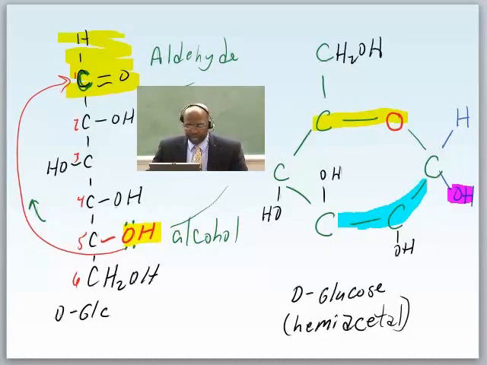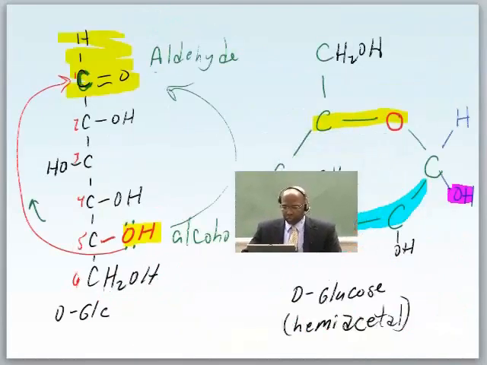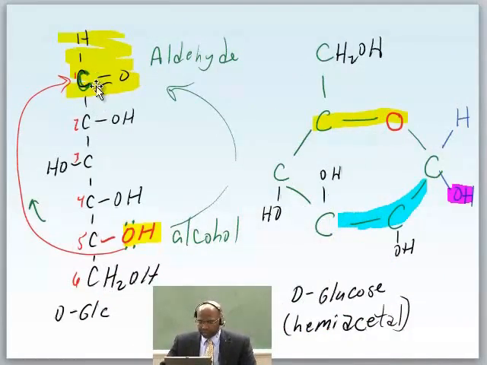So I'm going to go back a slide here, and we're going to look at this in another way. If you have an alcohol, an OH can attack the carbonyl of an aldehyde to become a hemiacetal. And on the hemiacetal, you have an OR, an R, and an OH. Now if we go to glucose, there's the OH of our alcohol, our aldehyde.